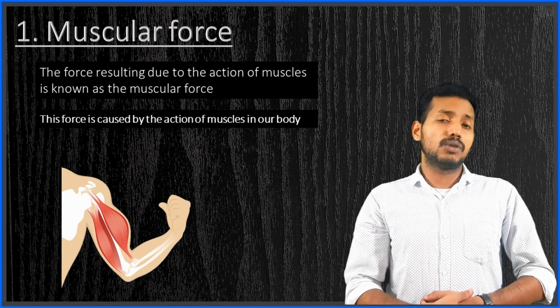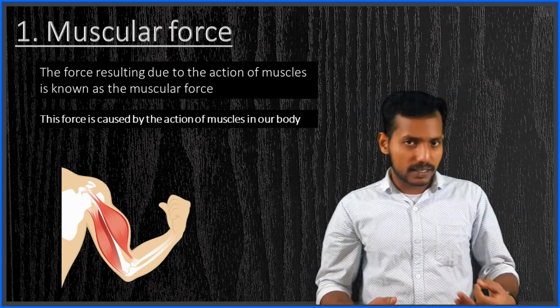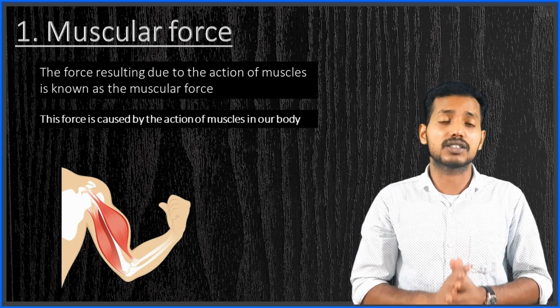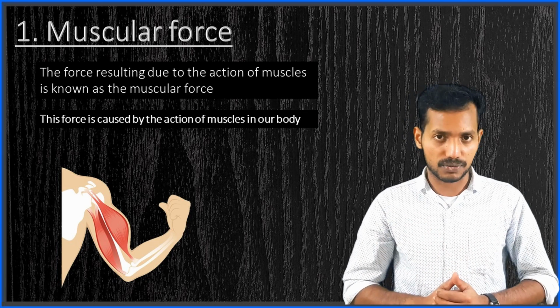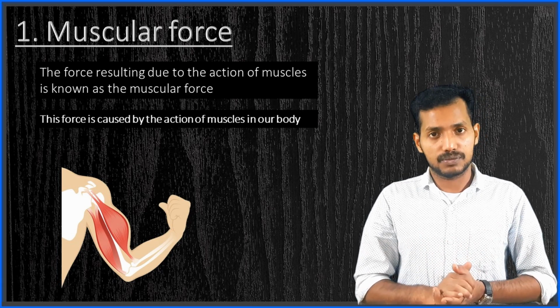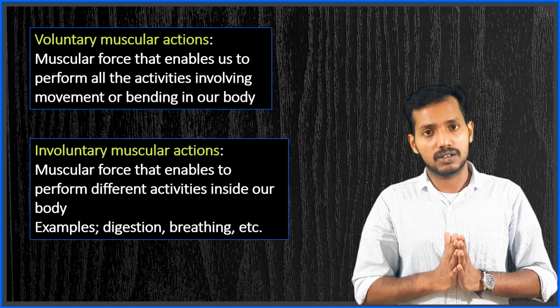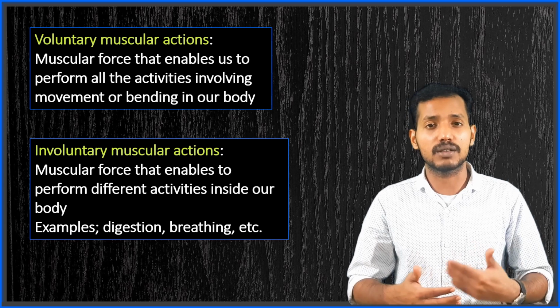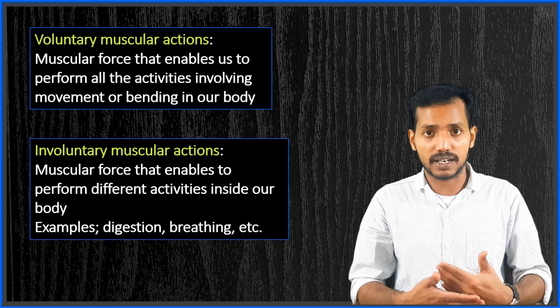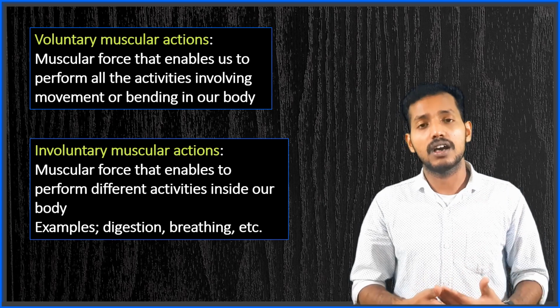One more thing we need to remember is that there are some muscular actions which we cannot control, and some muscular actions which we can control by ourselves. Those muscular actions we can control are called voluntary muscular actions, and the muscles involved in them are called voluntary muscles.